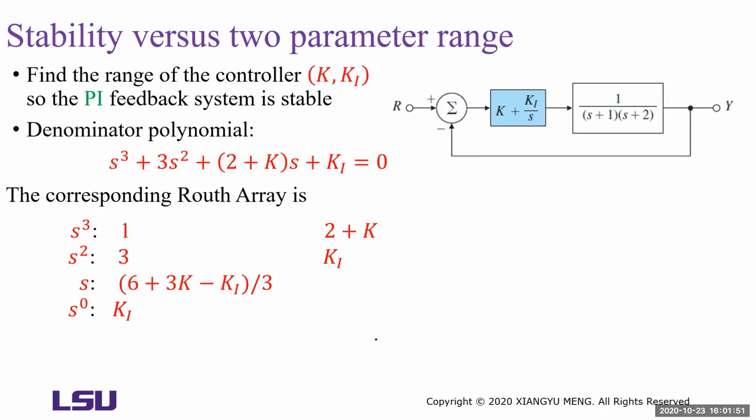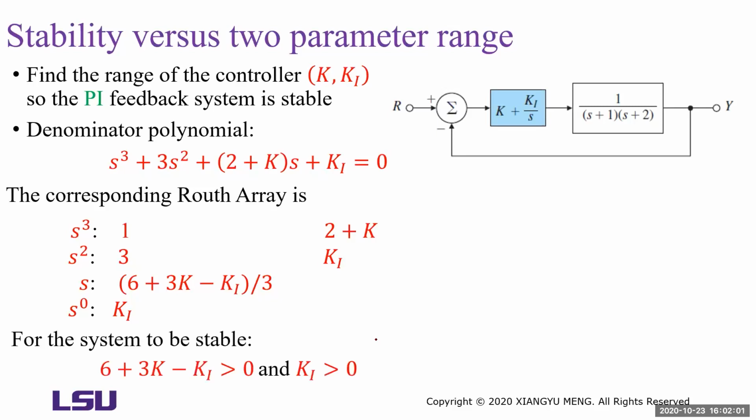Then what are the conditions to make the closed loop system stable? The negative term, all positive. All positive. Yeah. You have 6 plus 3K minus Ki greater than 0, Ki greater than 0.